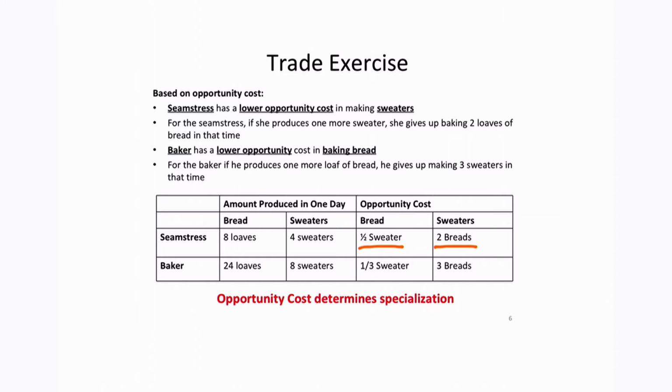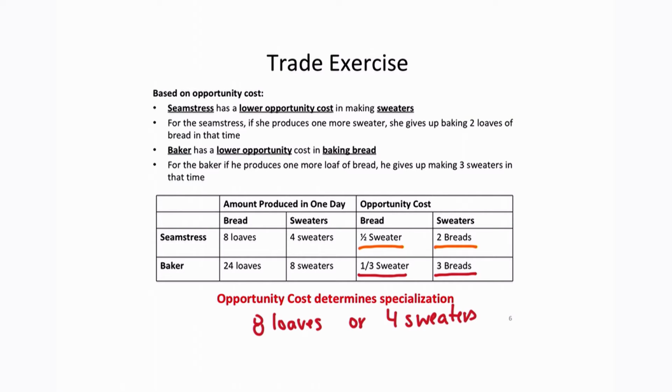For the baker to produce one additional loaf of bread, he needs to give up 1/3 of a sweater. To produce one additional sweater, he has to give up 3 loaves of bread. Now, how do we calculate that? Well, let's see here. So the seamstress can produce 8 loaves of bread or 4 sweaters.